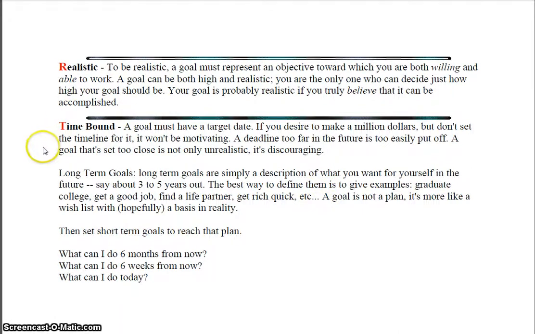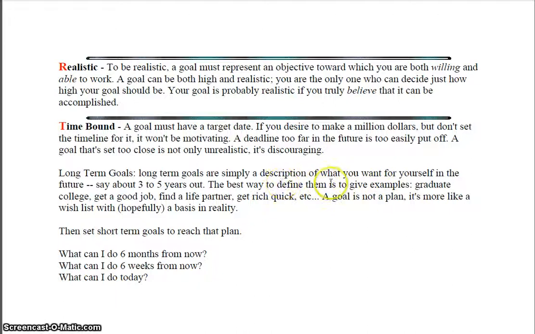In your portfolio, you're going to have to come up with 4 goals. 2 of those goals will be long-term goals and 2 will be short-term goals. You should look at your long-term goals first. These are what you want for yourself in the future in about a 3 to 5 year time span.